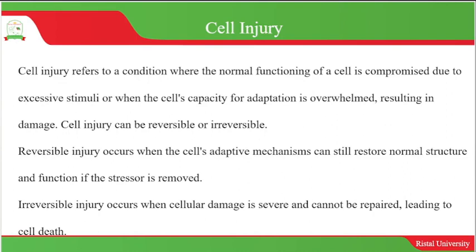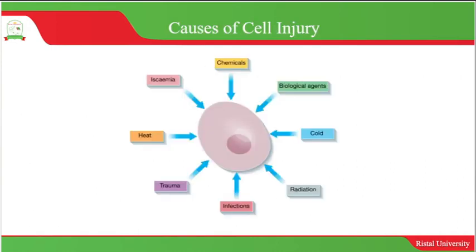But sometimes these cells, even if they go through those mechanisms, are unable to restore their normal states even if the stressor is removed. So those injuries that have irreversible restoration of normal physiological process, we call them irreversible injuries. And those irreversible injuries are caused by the following stressors.